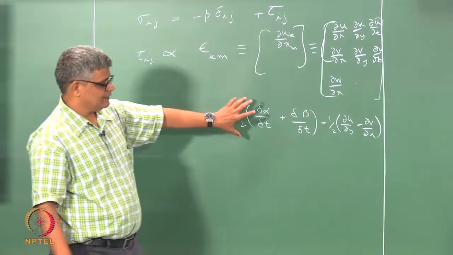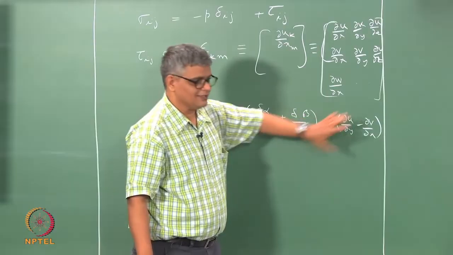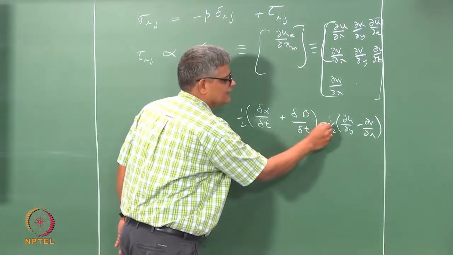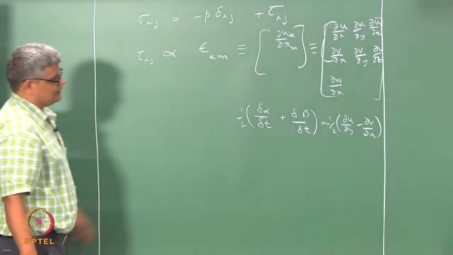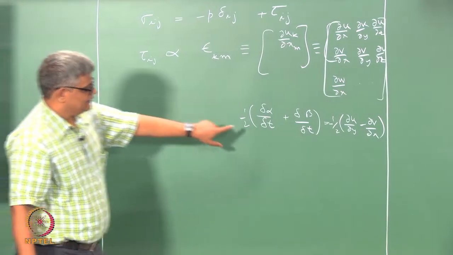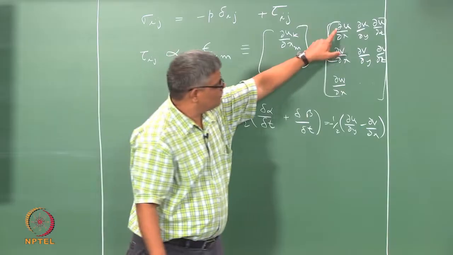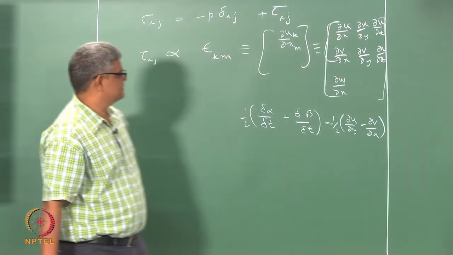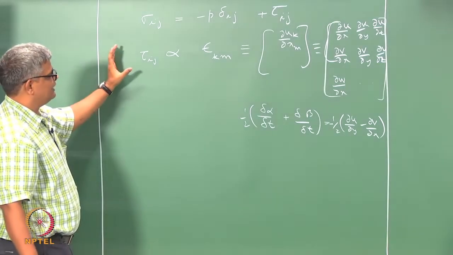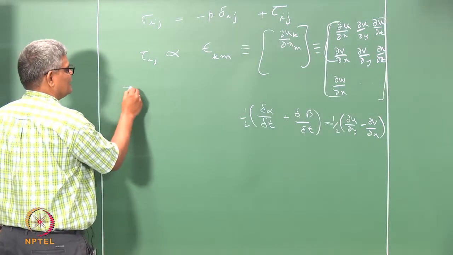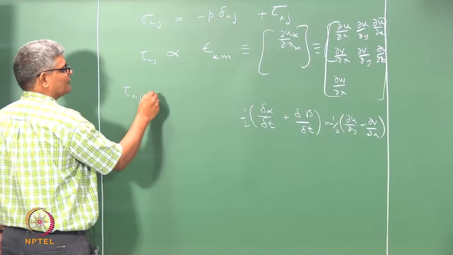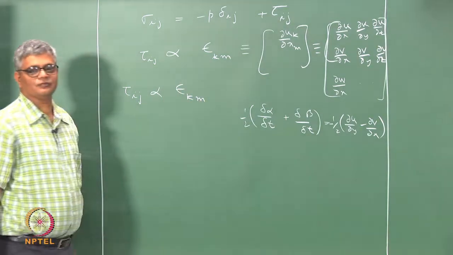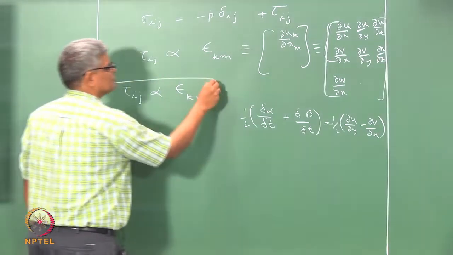So this is the shear rate, expressed in this particular form, perhaps with a negative sign here. It is a linear combination of two elements, dou u by dou y and dou v by dou x. So we are now seeking a linear relation between tau ij and epsilon km. This is a hypothesis.